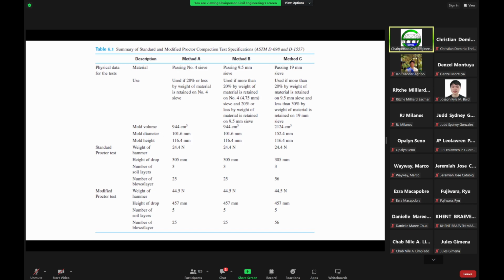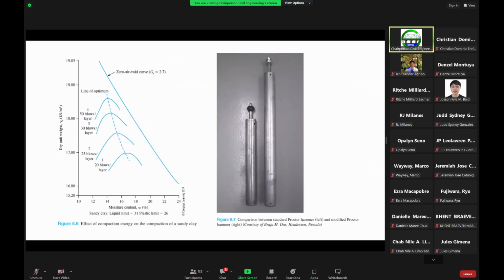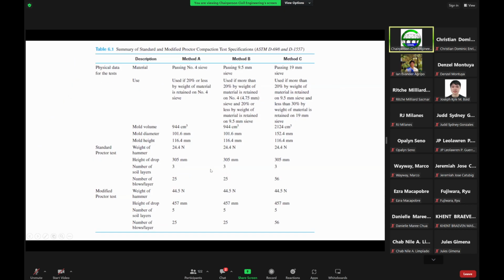Now, in the case of the modified Proctor test, wherein you now have the bigger hammer, as what we have seen, this one here, the modified Proctor hammer, that's the bigger hammer. In that case, the weight of the hammer is about 44.5 newtons, which is just the same for all methods. The drop height is the same for all methods.